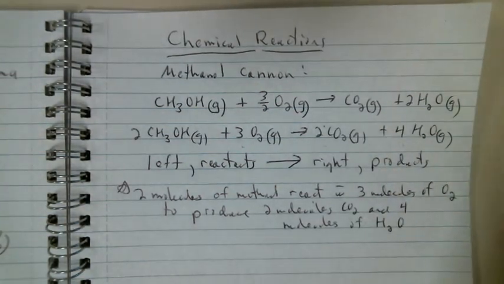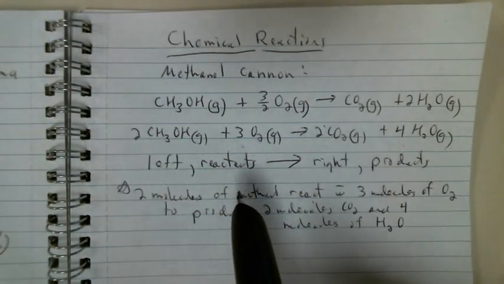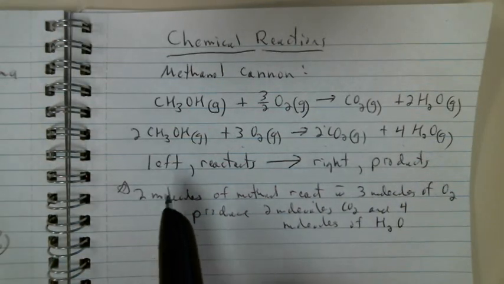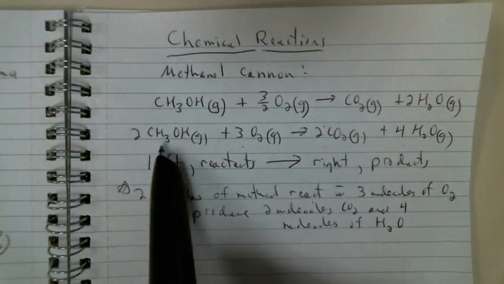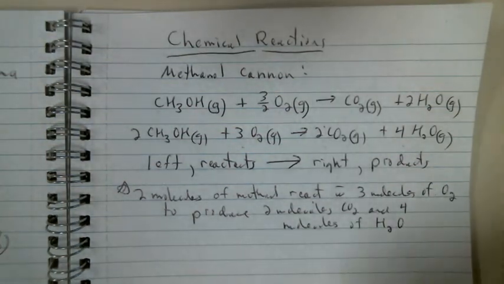But the thing is, we simultaneously have to picture this reaction in a different way, because we don't really run this reaction with 2 molecules and 3 molecules. We run it with a lot more than that, and we have to scale it up to things that we can measure.